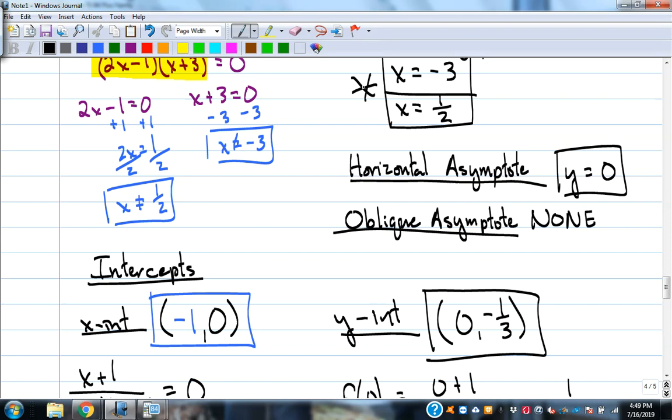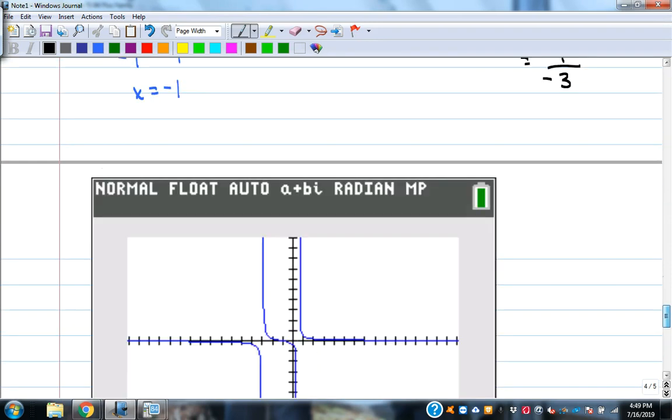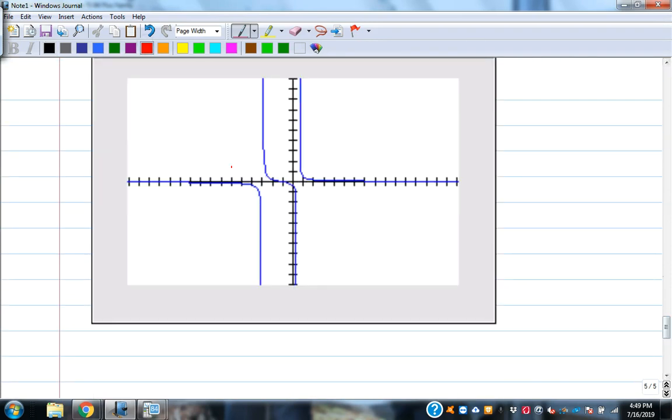If I go to my graph, right here is -3. Notice what the graph is doing. It's hugging up against that vertical line there. Right here is 1/2. There's that vertical asymptote, so it's hugging up against that. And then we had a horizontal asymptote at y equals 0, which is right on the x-axis.